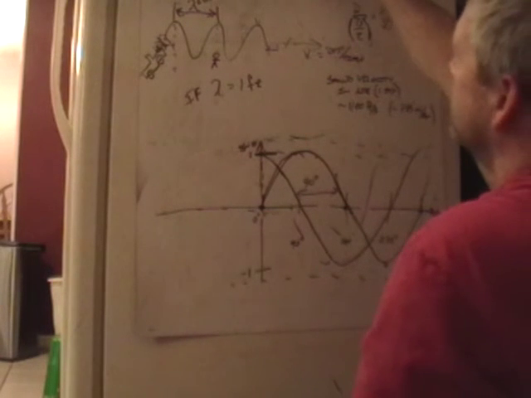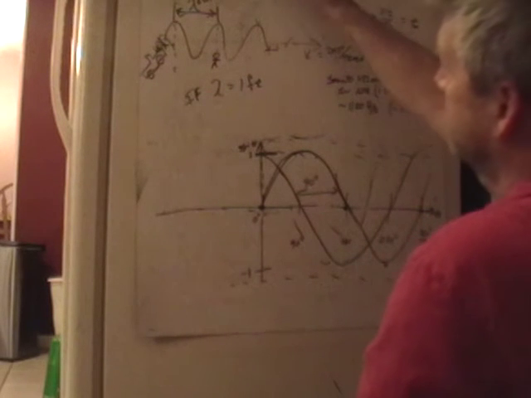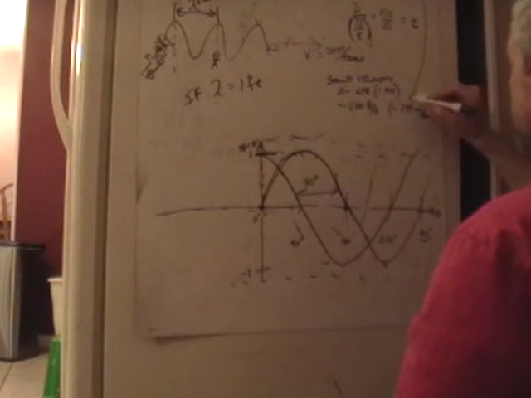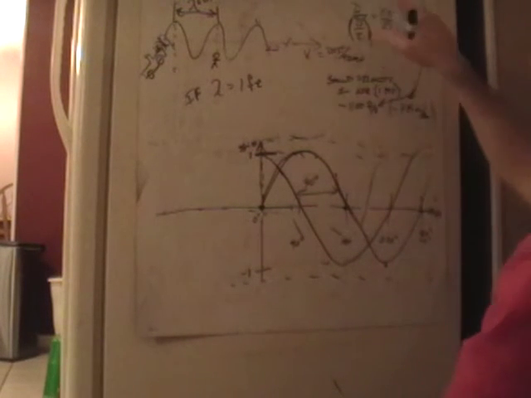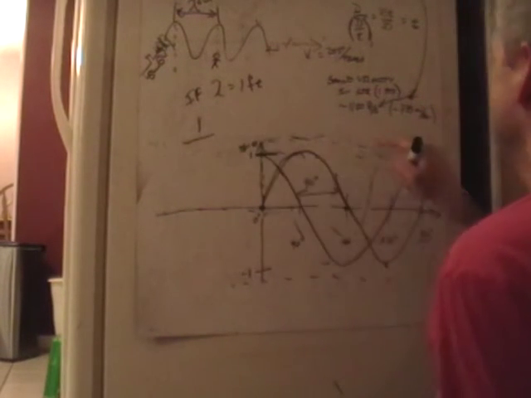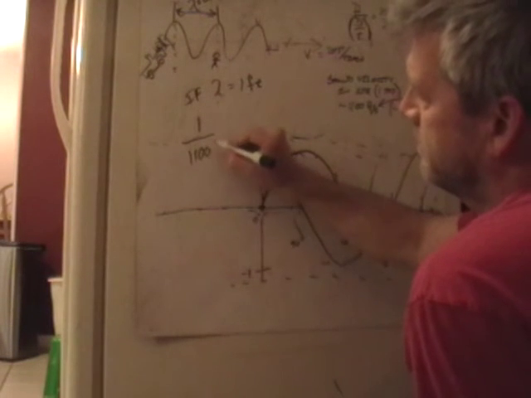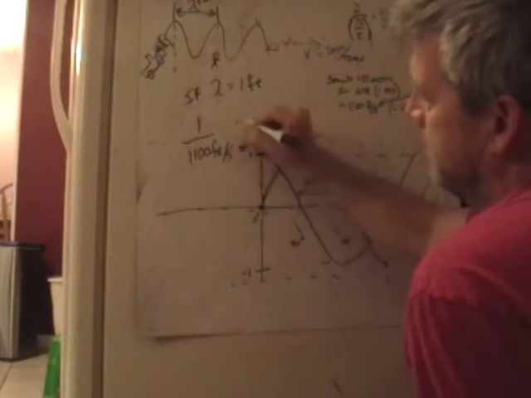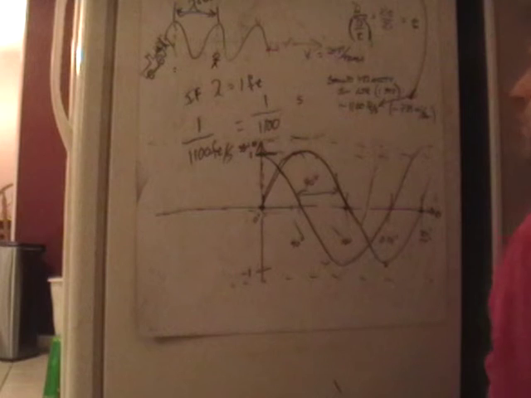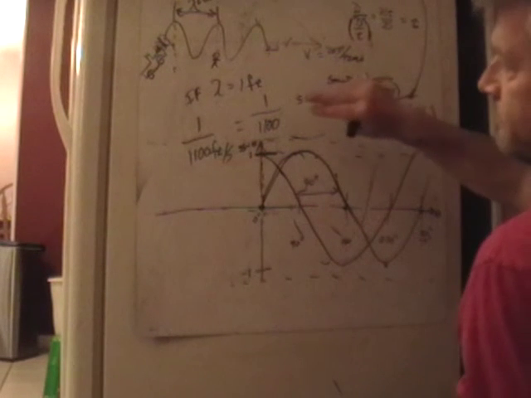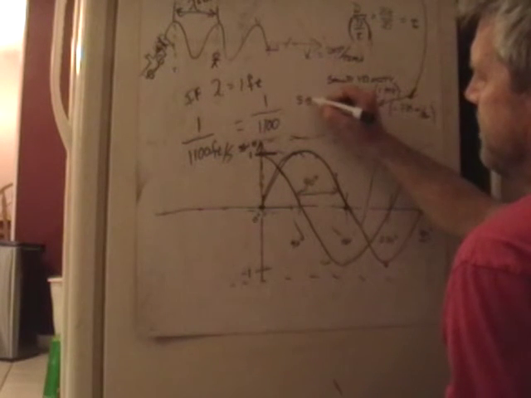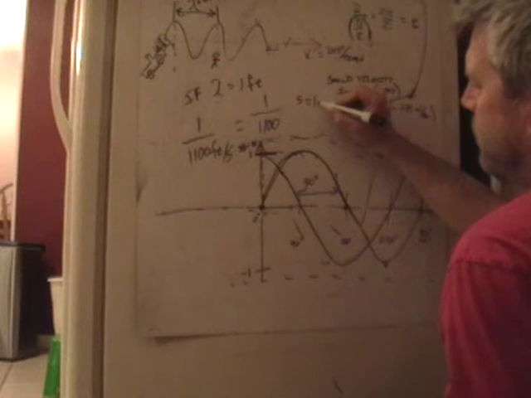So if my distance becomes my lambda, 1 foot, and my velocity becomes this, we'll use feet per second so their units are the same. If I take 1 foot and divide it by 1,100 feet per second, I end up with 1 over 1,100 of a second. 1/1000th is a millisecond, so I'll round it and say that's approximately 1 millisecond.